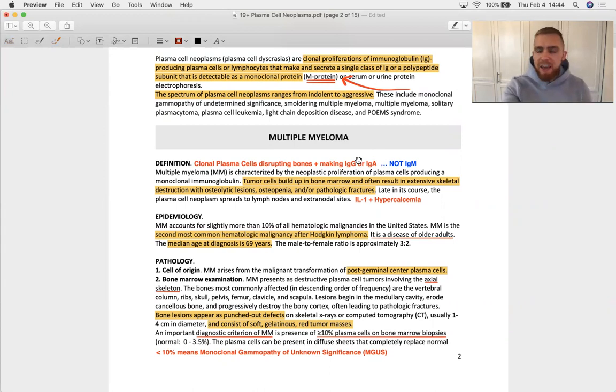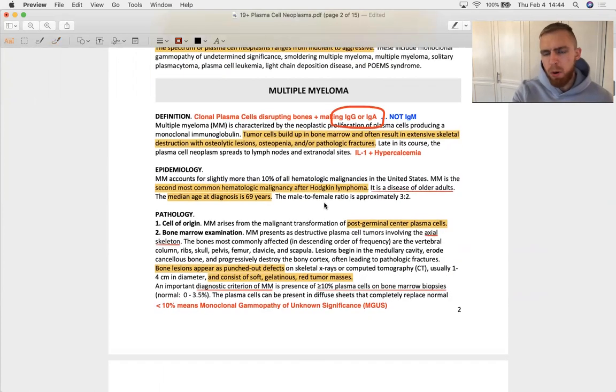Never forget that. The M means monoclonal. And so in multiple myeloma, the cells themselves are making IgA or maybe some IgG, but they are not making IgM. That's Waldenstrom Macroglobulinemia.